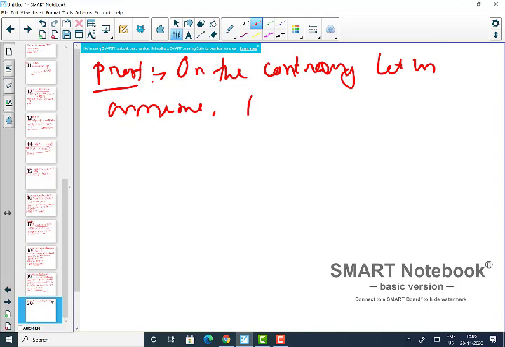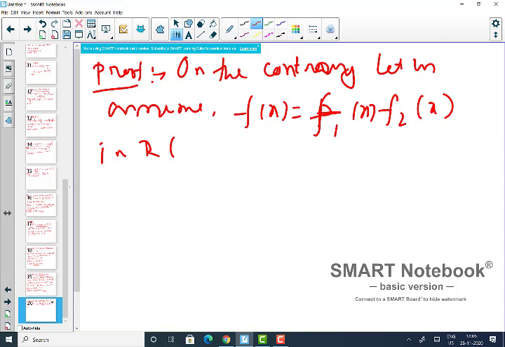So you can write f(x) equal to f1(x) f2(x) in R[x], with f1 and f2 non-constant. If they were constant, there is nothing to prove, right? Non-constant.